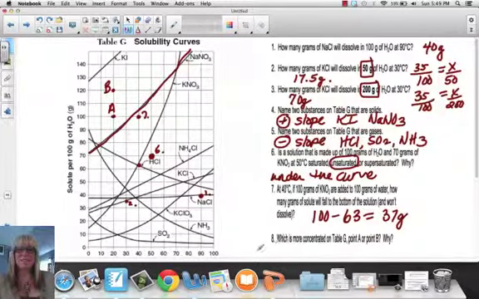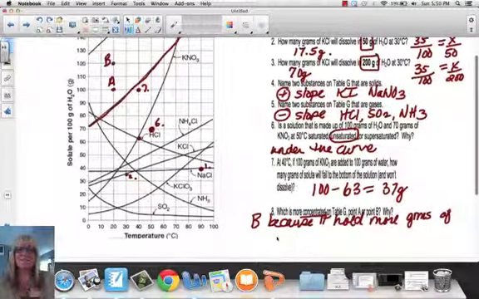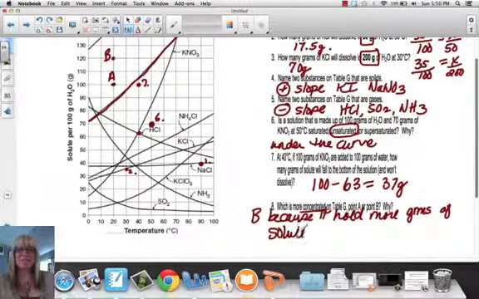Well, we would have to say B is more concentrated because it holds more grams of solute at what temperature are we at, 20 degrees, per 100 grams of water.